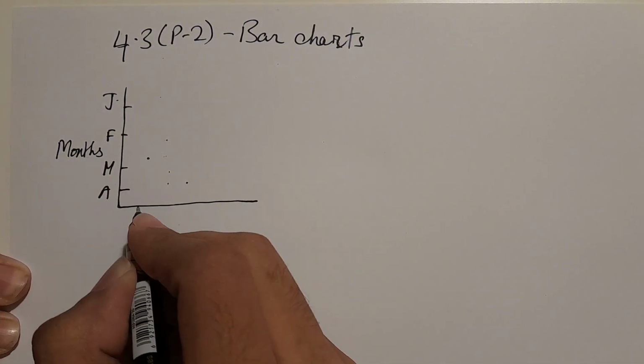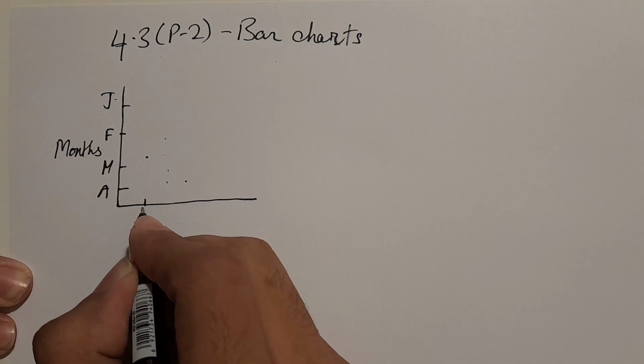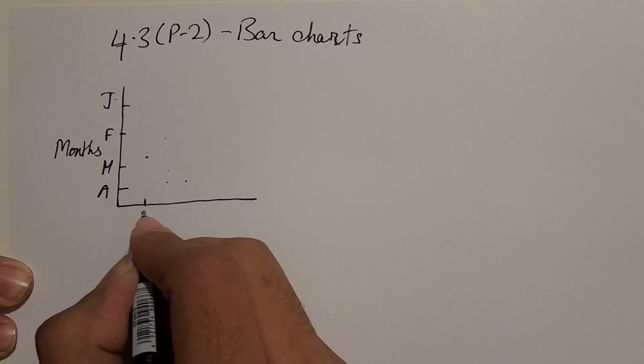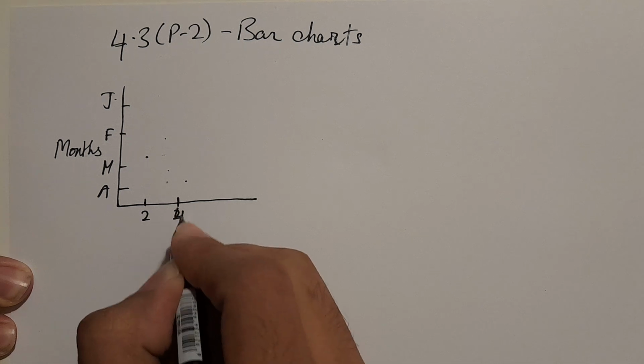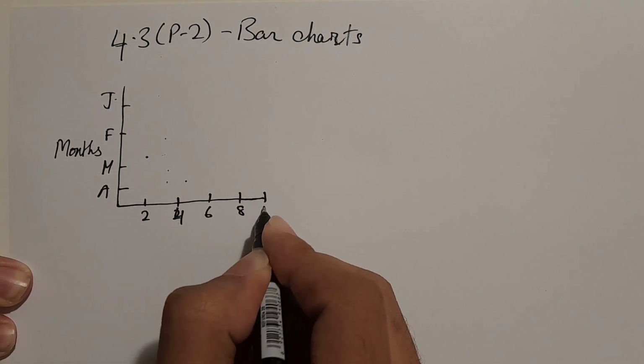And here we can say the number of days it rained: 2, 4, 6, 8, and the last is 10.